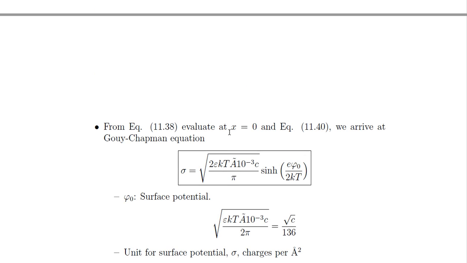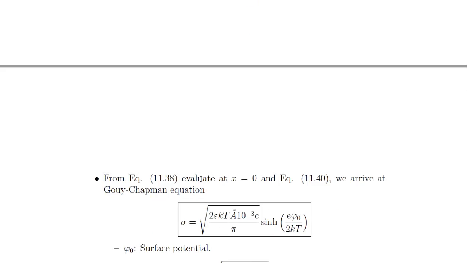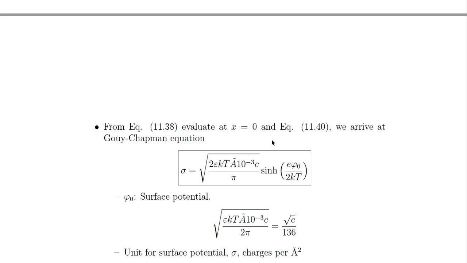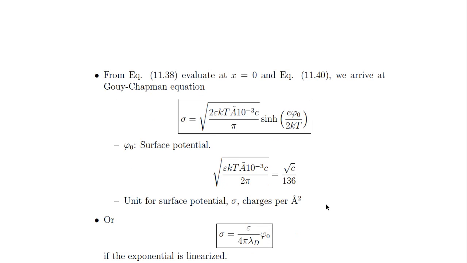So at x equal to 0 and equation 11.40, we get this surface charge density sigma equal to this equation. And for the surface potential phi naught, it is equal to the square root of this expression.